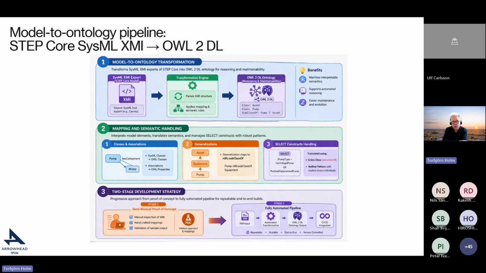It's machine-interpretable semantics, supports automated reasoning, and makes maintenance and evolution easier. And mapping and semantic handling: we were using, of course, SysML classes as OWL classes, associations as OWL properties, but on a more detailed level, we had to do some small changes.